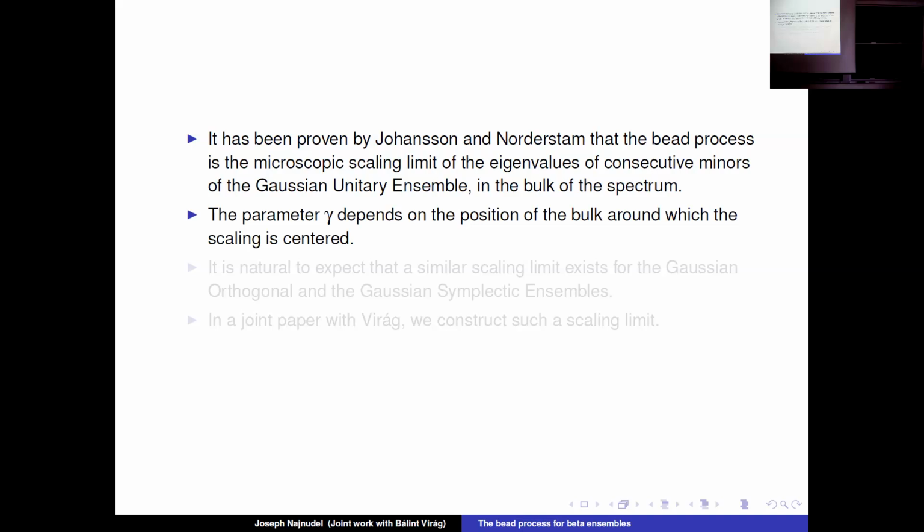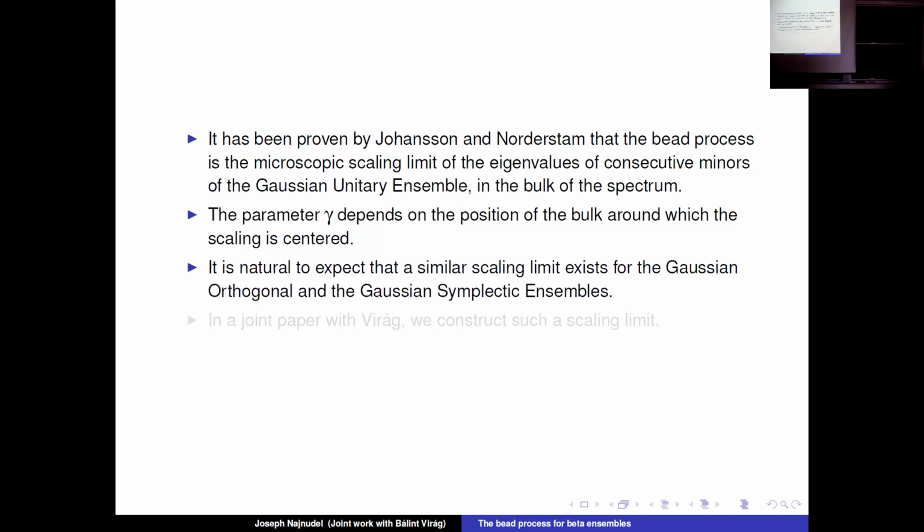The parameter gamma depends on the position in the bulk around which the scaling is centered. And it's natural to expect that a similar scaling limit exists for the Gaussian orthogonal and the Gaussian symplectic ensembles. In the paper with Balint that I'm presenting, we construct such a scaling limit.